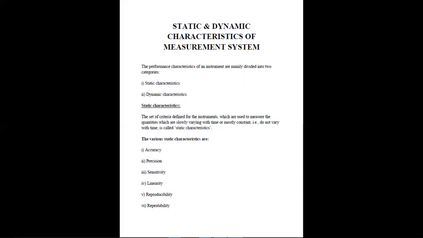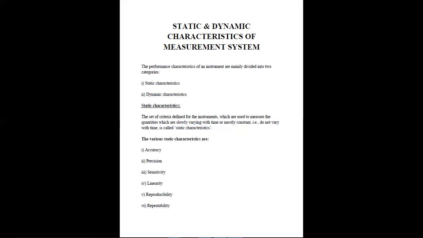First, static characteristics. The set of criteria defined for the instrument which are used to measure quantities which are slowly varying with time or mostly constant, that is, do not vary with time, is called static characteristics.